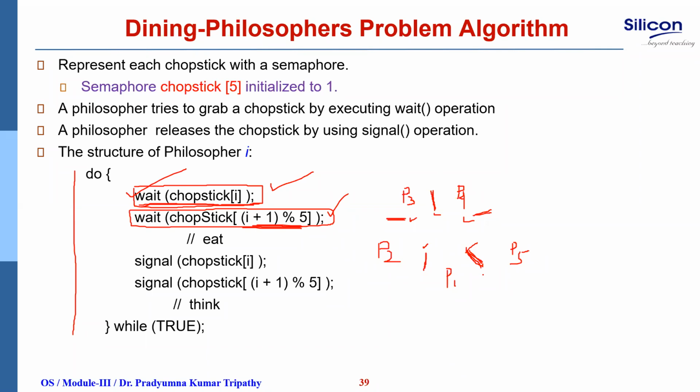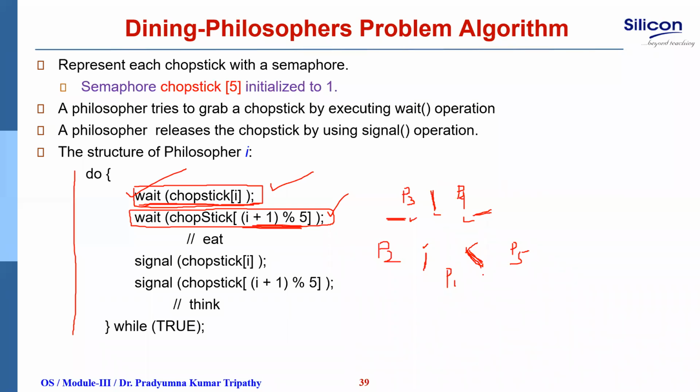If they go on waiting like this, none of the philosophers will get the chopstick. They will get hungry and over time they will die. Are you getting me what I'm saying? Yes, sir. Because all have acquired one chopstick. The wait function will put a lock on the ith chopstick for each process.